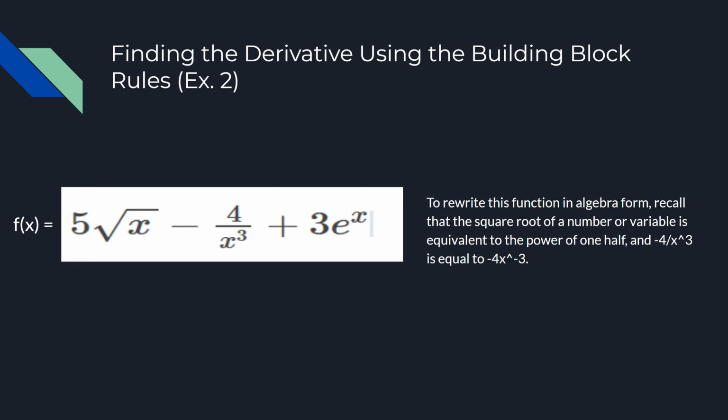And we have to recall that the square root of any number, or of a variable such as x, would equal x to the power of 1/2, and that a fraction with an exponent in the denominator would just equal the numerator times the variable with the exponent being negative instead of positive.